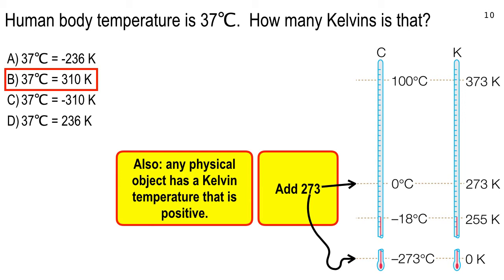And so that allows you to eliminate A and C. So then you just got to figure out between B and D. You can also eliminate D, because it's under 0 Celsius. So there's no calculation, if you do a little bit of exercising of your coconut.